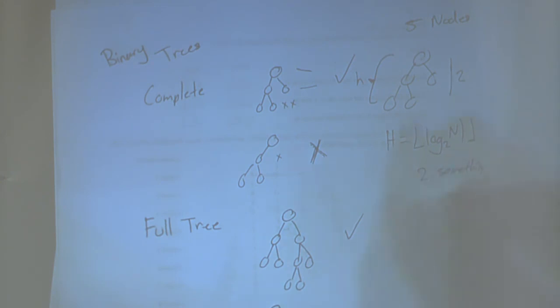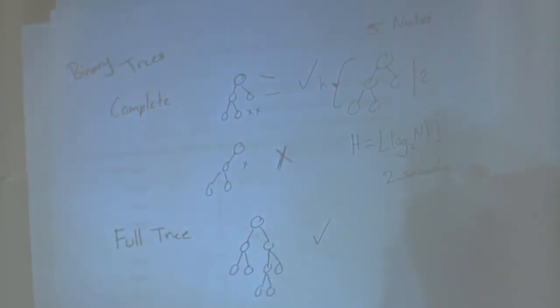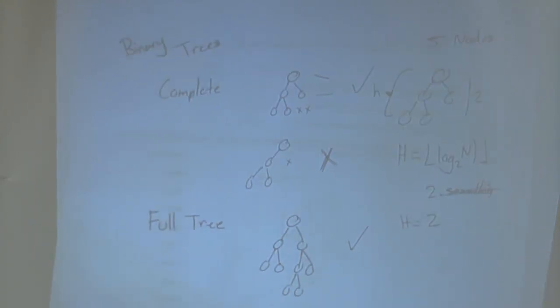And we floor it, we truncate it down, so we remove the decimal numbers and get 2. So height is 2. This equation will allow us to describe the height of a complete binary tree with n nodes. Okay, so that's what I have for binary trees.